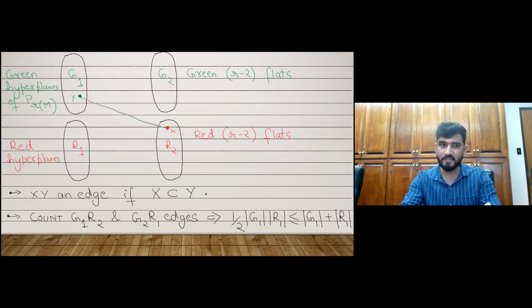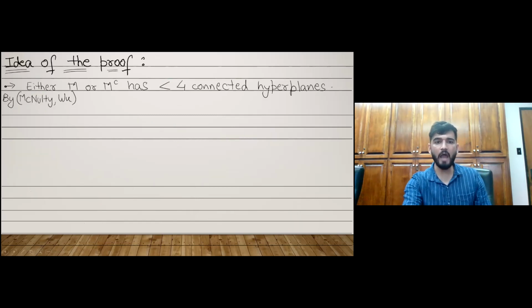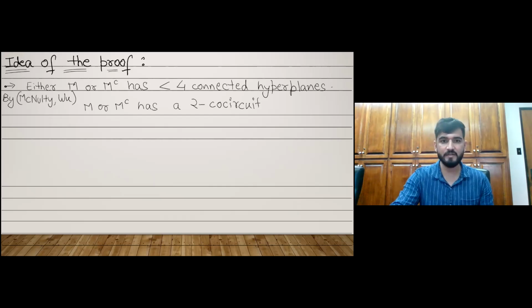The size of G1 is nothing but the connected hyperplanes of M, and R1 is the red hyperplanes, which means these are the connected hyperplanes of M complement. So fiddling around with this inequality gives us that either matroid M or M complement has less than 4 connected hyperplanes. But McNulty and Wu's result said it has at least 4 connected hyperplanes, provided the matroid is co-simple. So that means M or M complement has a 2-core circuit.